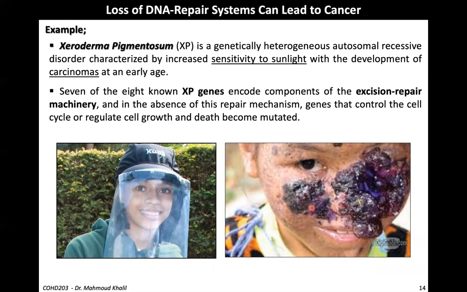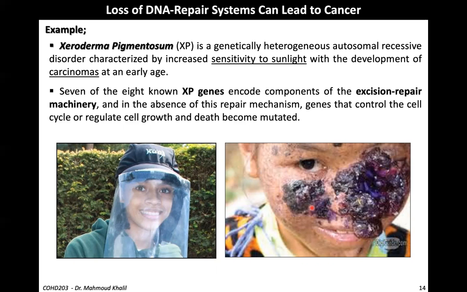Actually, they found that seven of the 8 known genes for XP encode components of the excision-repair machinery. So the proteins involved in the excision-repair machinery come from genes called XP genes, and all of them are called XP genes.